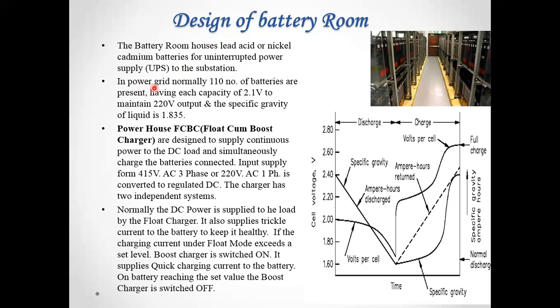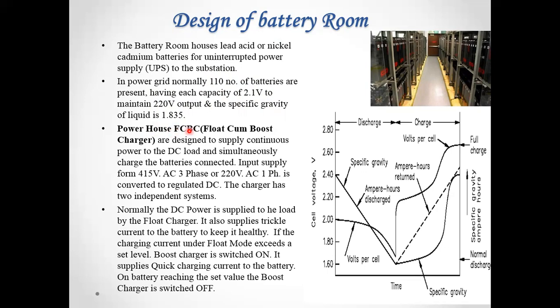In the power grid, normally 110 batteries are present, each having a capacity of 2.1 volt, to maintain a 220 volt output. So our output is 220 volts, so we require 110 batteries of 2.1 volt each, and the specific gravity of the liquid is 1.835.